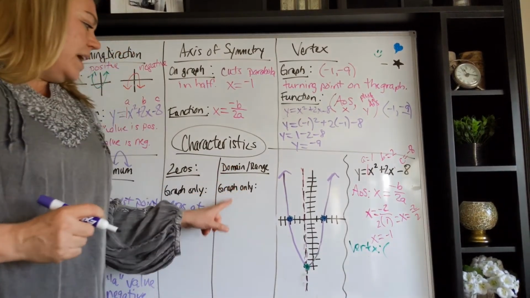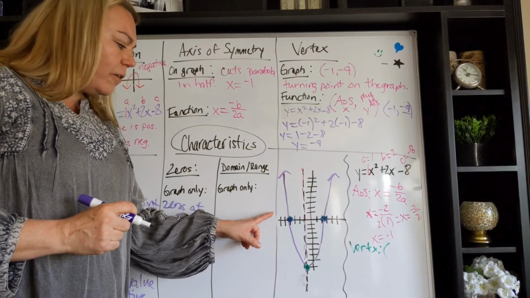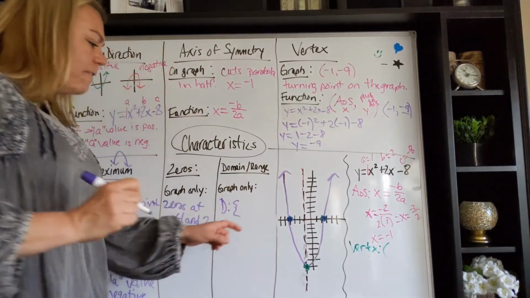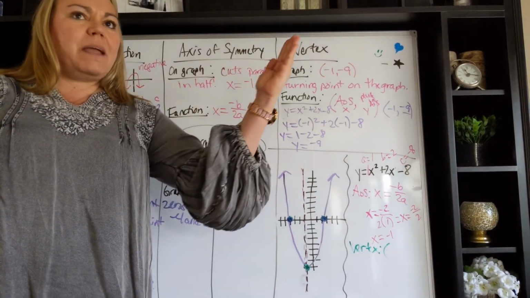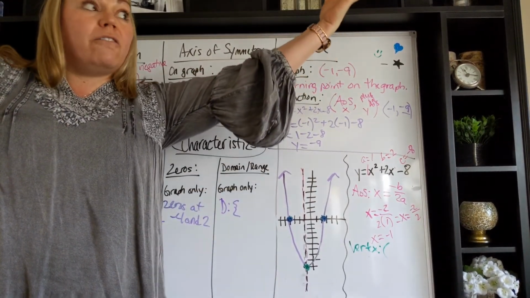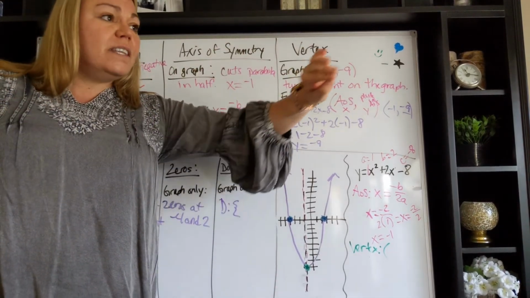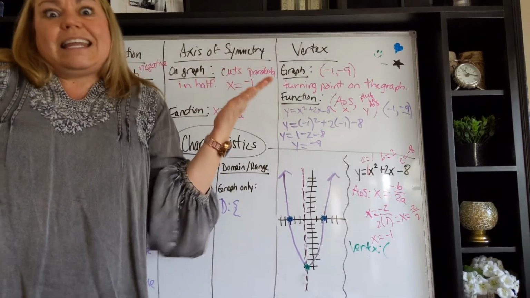The domain and range. Domain has to do with all the x values that this parabola will cover. So I'm going to tell you that your domain is going to be the same every single time you look at a parabola. A parabola, as it opens up, it expands and it grows and it goes on forever and ever. It never stops. So eventually it's going to hit every single x value that you could possibly think of, because numbers go into infinity and I can't name them all.